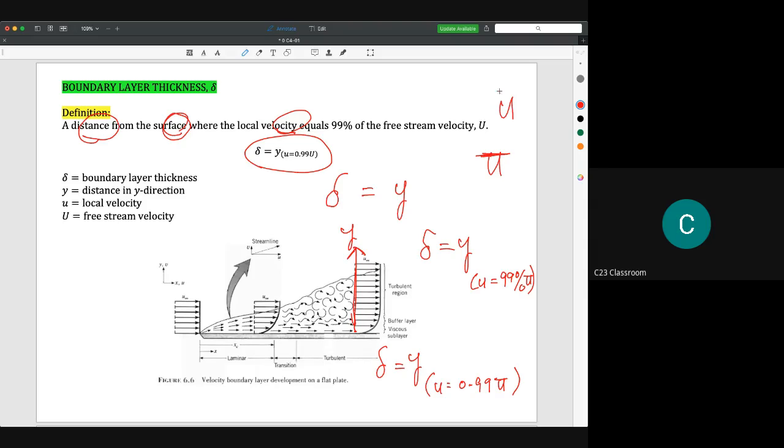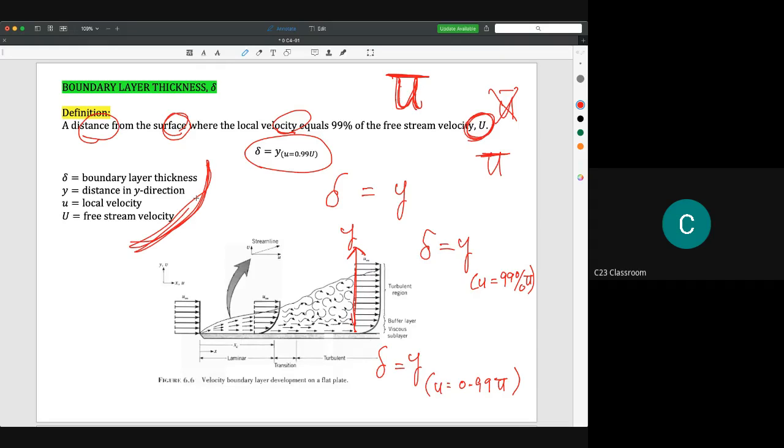Please do not write U like that, because it is not easy for me to differentiate your handwriting. I usually propose to my students U with a straight line on top like that, so it reflects the capital U here, which is the free stream velocity. So the meaning of that mathematical expression is shown here.